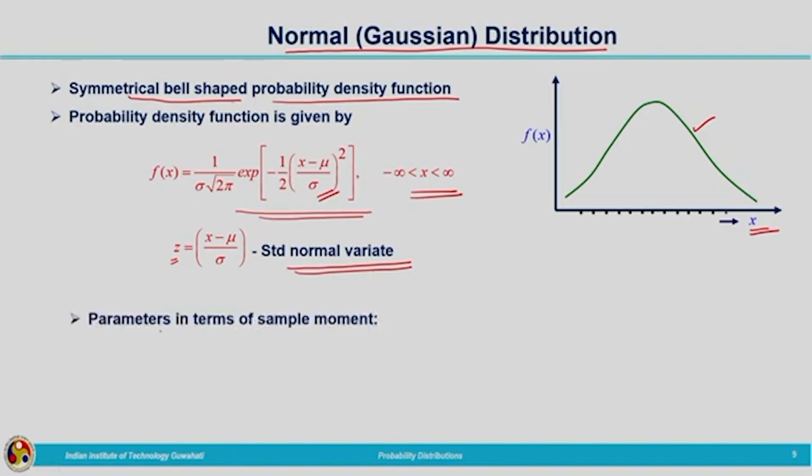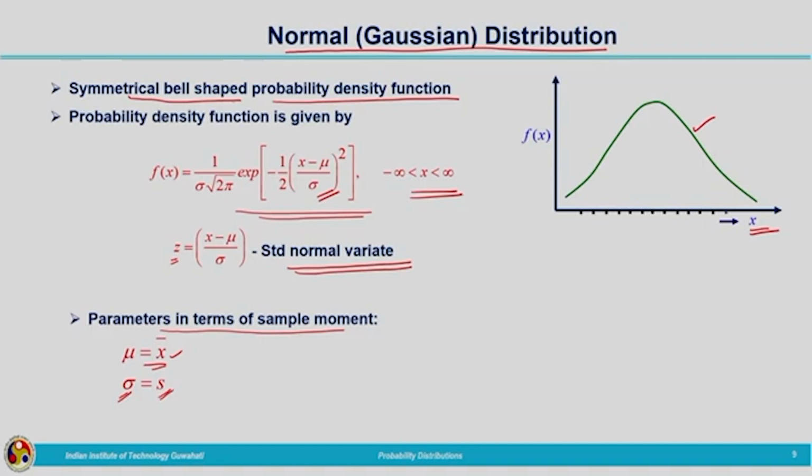Now, coming to the parameters of the distribution, that is mu is equal to x bar, where mu is the population mean and x bar is the sample mean. Population mean can be represented by means of sample mean, and sigma is the standard deviation corresponding to the population, and S is the notation used for the standard deviation in the case of a sample.